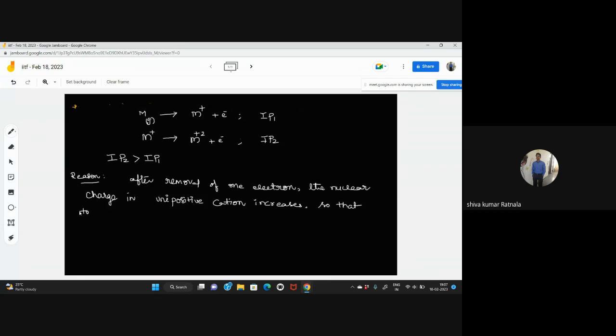so that to remove one more electron from the unipositive ion, more energy is required.